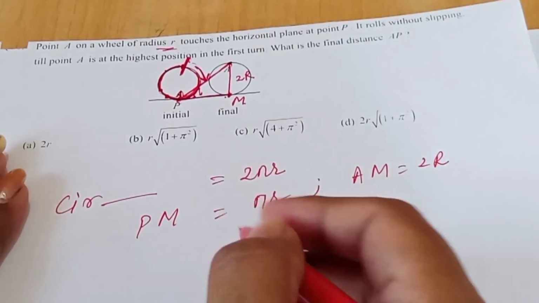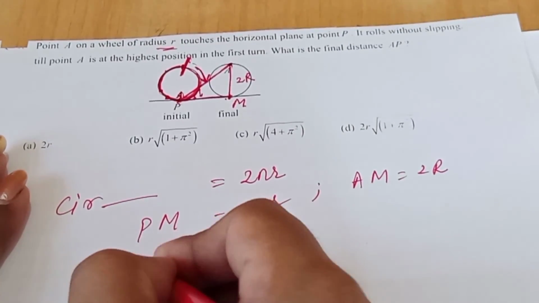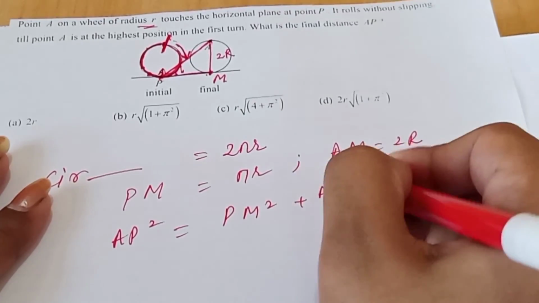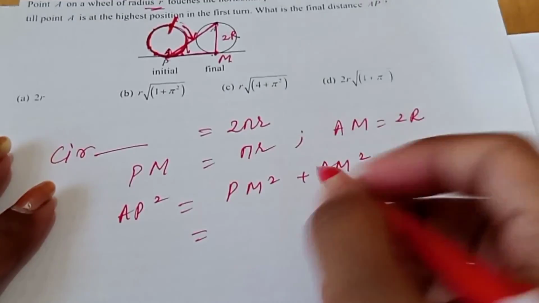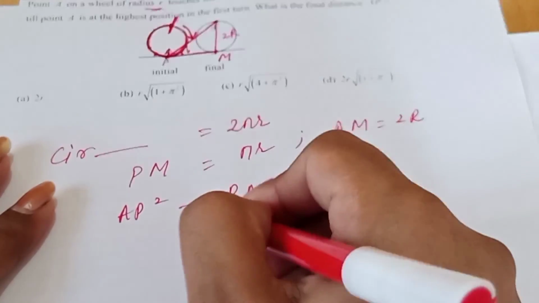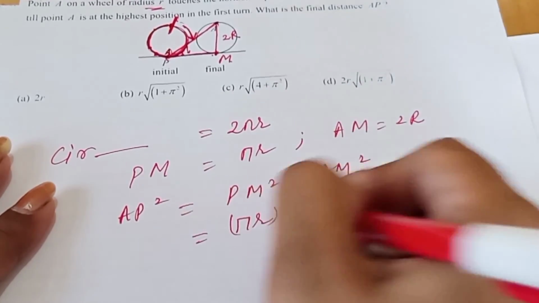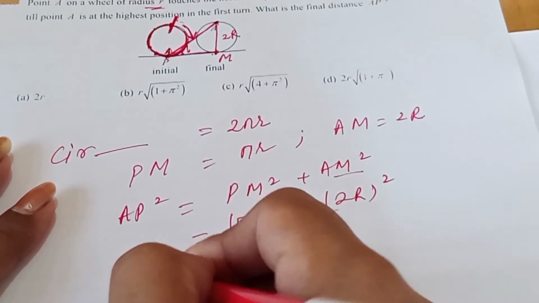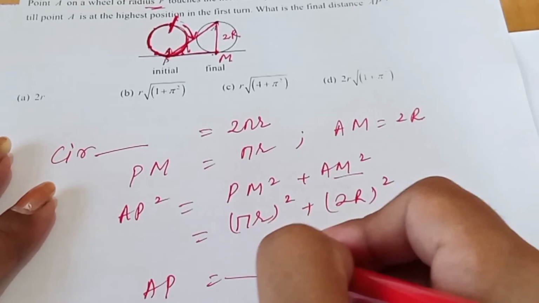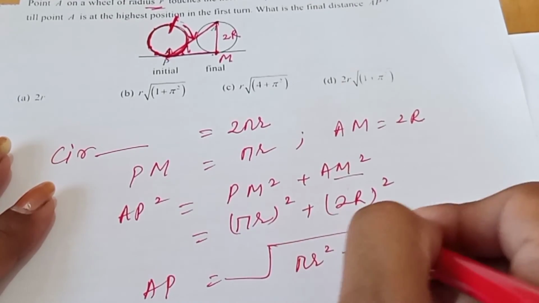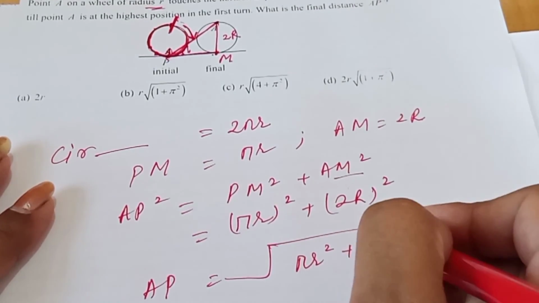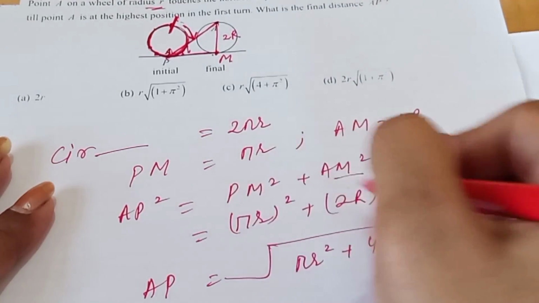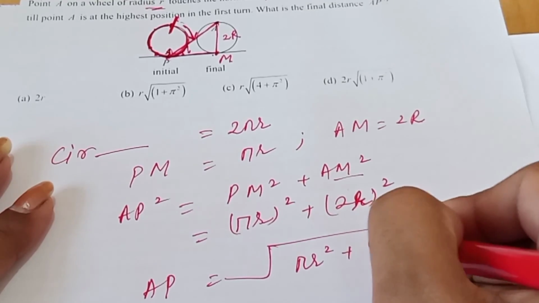Now by applying the Pythagoras theorem, we get AP square is equal to PM square plus AM square, which is equal to pi r whole square plus 2r whole square, and AP is the square root of pi square r square plus 4 r square. These both r are the same here, so don't be confused.